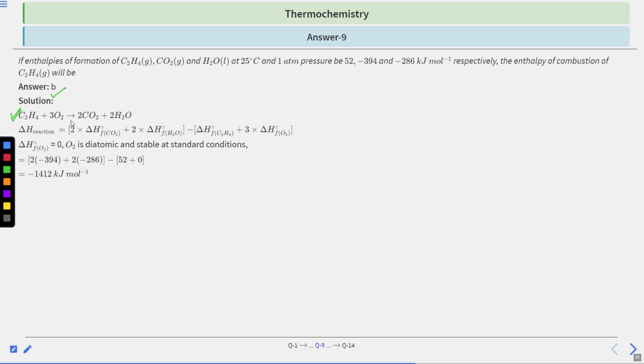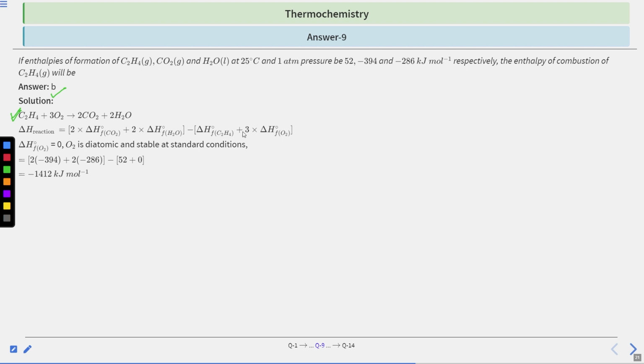So C2H4 plus 3O2 will give you 2CO2 plus 2H2O. So del H for this reaction will be twice of enthalpy of formation for CO2 plus twice of enthalpy of formation for H2O minus enthalpy of formation of C2H4 plus 3 times enthalpy of formation of O2 molecule.